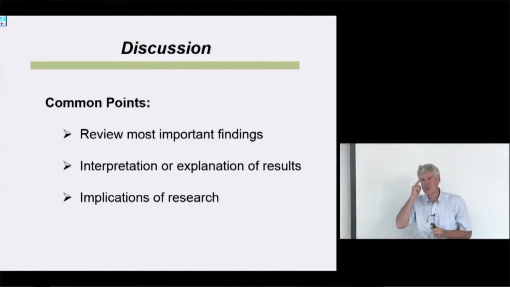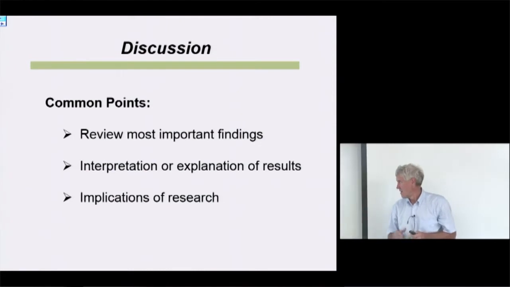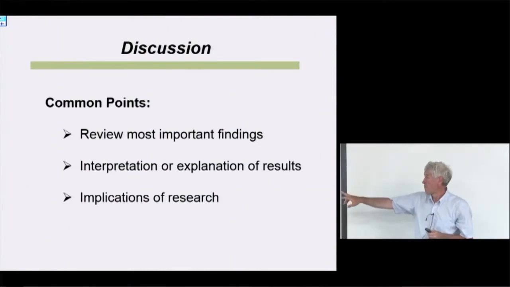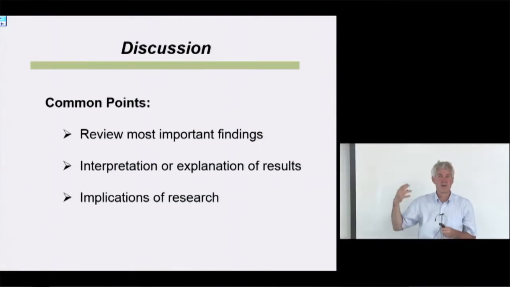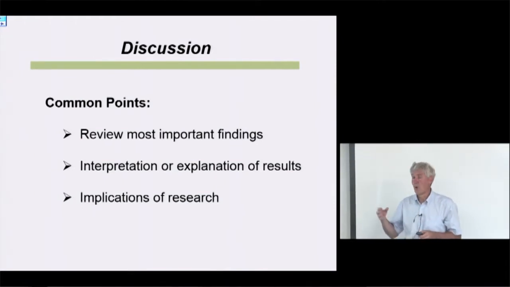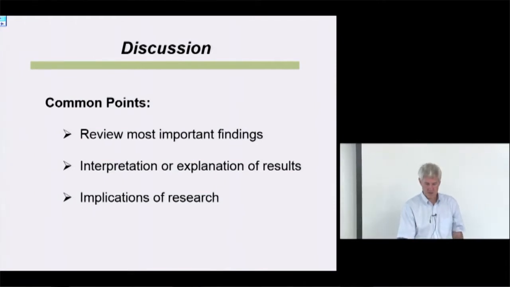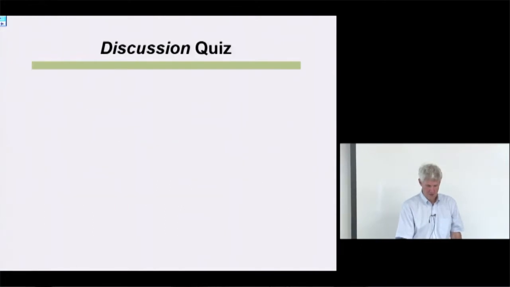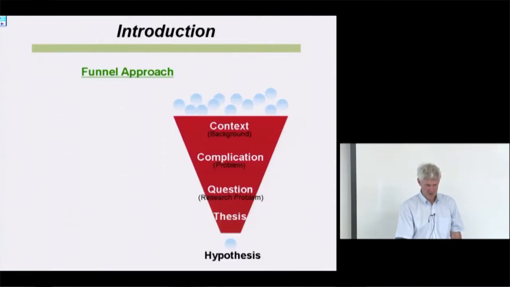This is what I want you to remember. And help them by giving explanation or interpretation. This result means this. And what are the implications for the research? Okay, so I'll go past that.